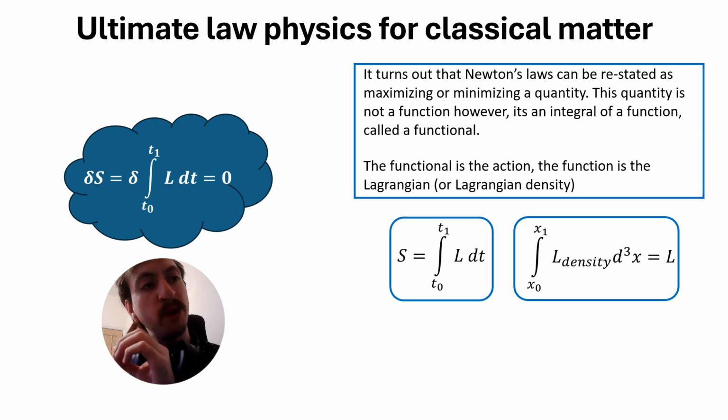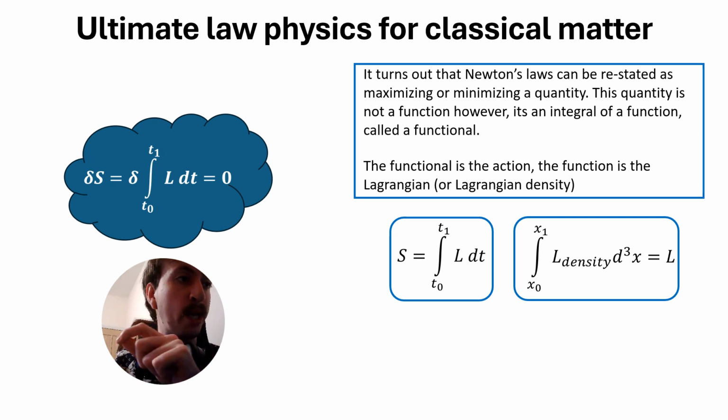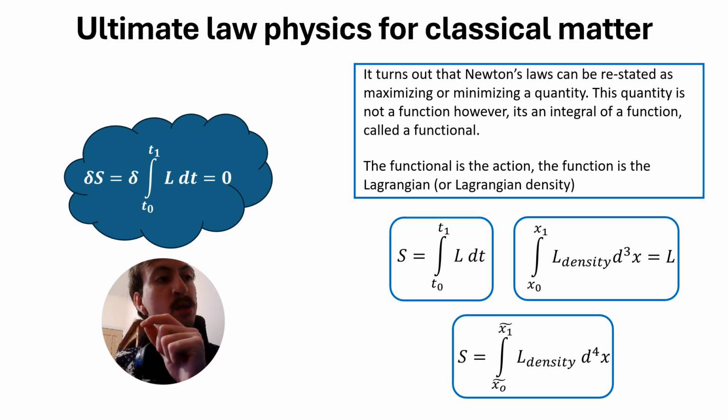The other beautiful thing with defining the Lagrangian density is that if we substitute our equation for the Lagrangian in terms of Lagrangian density into our equation for the action, we can define the action in terms of the Lagrangian density, but now we're integrating over all the dimensions of space-time, because we have to integrate over d3x and dt, so the 4 dimensions of space-time.